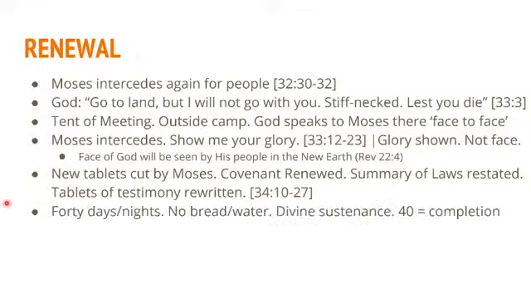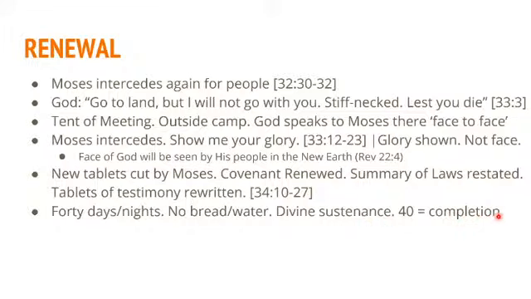So this is where Moses goes for 40 days and 40 nights again, a second time, no bread and water on that mountain. And this is where he is doing that covenant renewal now. This shows divine sustenance, obviously. No bread and no water. That is literally impossible for any normal human being, which means that God himself was sustaining Moses while he was on that mountain.